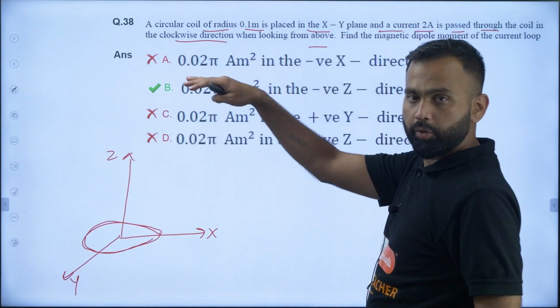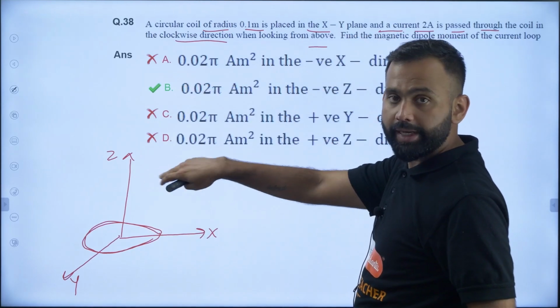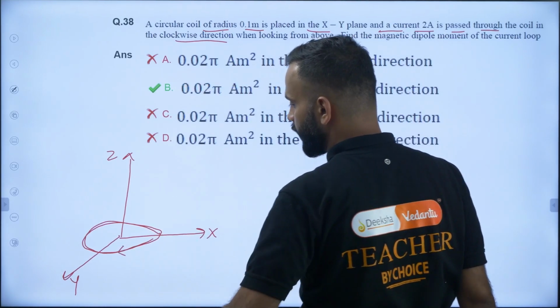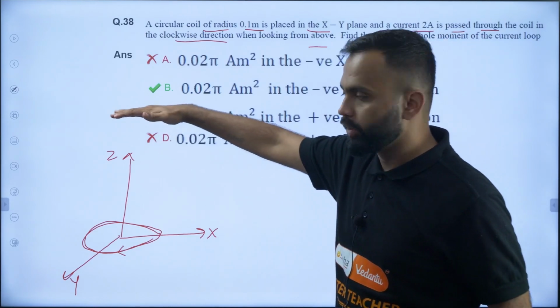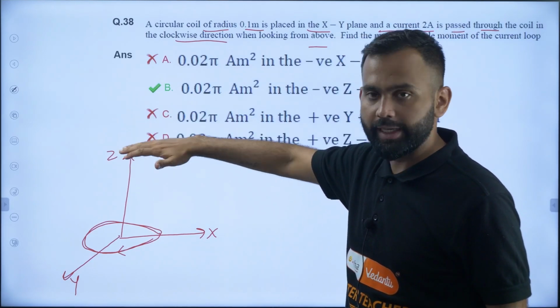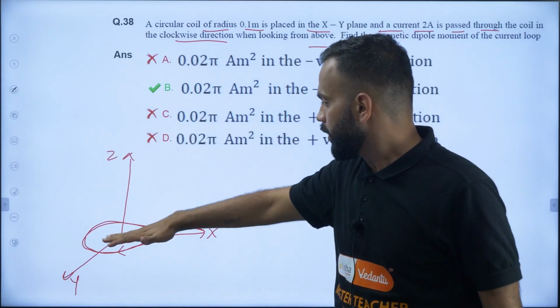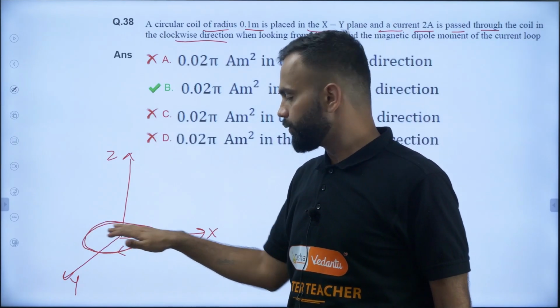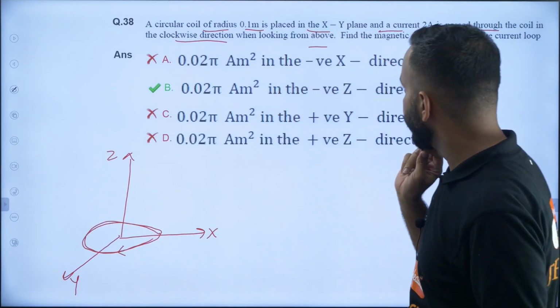From above, that is from the positive Z direction, the direction of the current is clockwise.